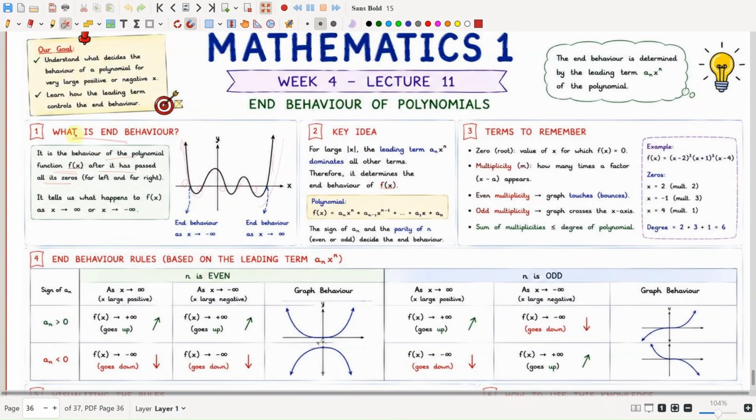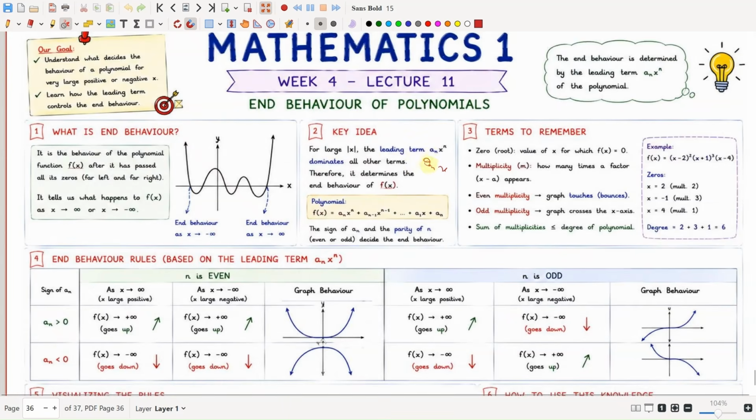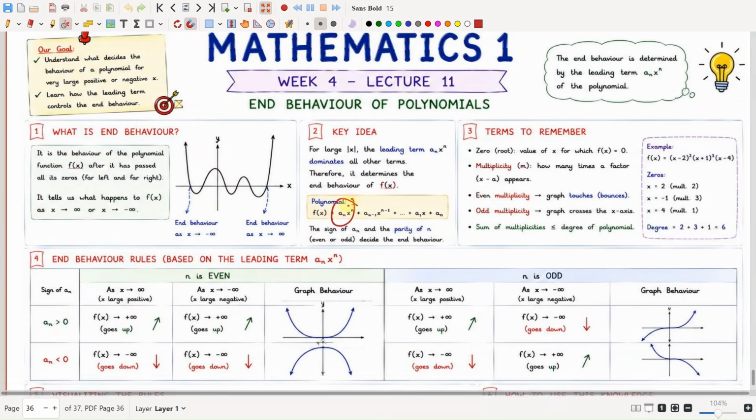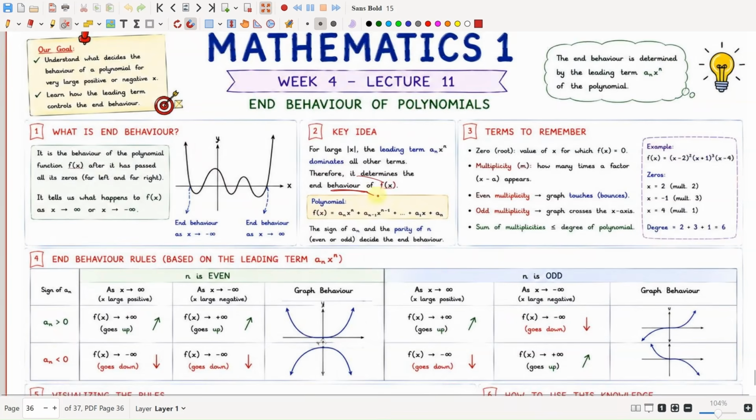For large x, the leading term a subscript n x power n will be the dominating term. This is the highest degree term, so it dominates all the other terms and determines the end behavior of f of x.